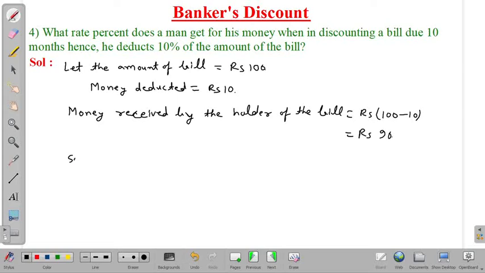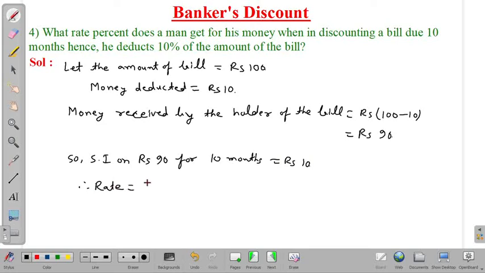Okay, so the simple interest on rupees 90 for 10 months is equal to rupees 10. So we can find the rate percent.